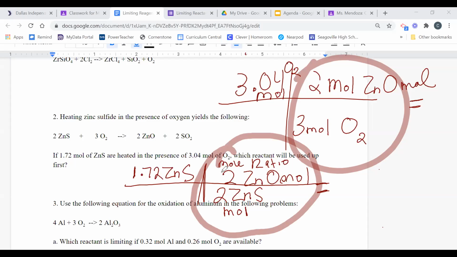You got the 2 Z and O from the coefficient, and then you got the 3 mole O2 from the coefficient again.